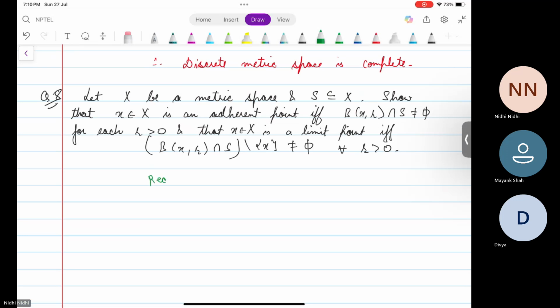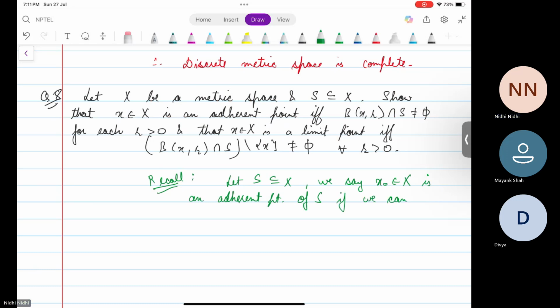Recall, let S be a subset of X. We say a point x naught, any point in X, need not necessarily be a point in S, is an adherent point of S if we can find a sequence xn in S such that xn converges to x naught.